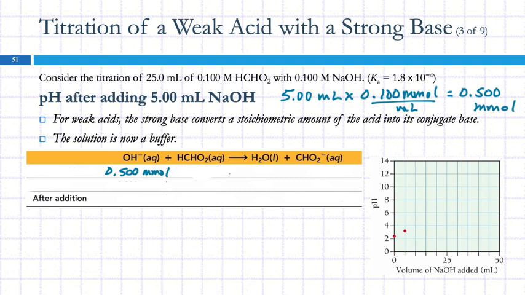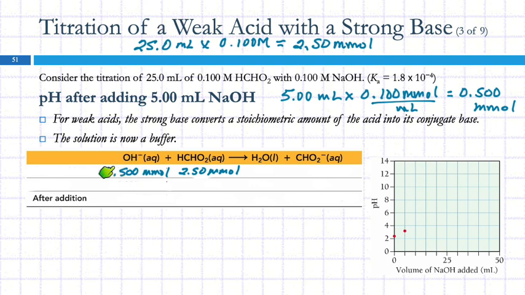And how many millimoles of the acid do we have? Well, we have a volume of 25 milliliters, and the concentration is 0.1. So we have 2.50 millimoles of acid. So we're going to look at how the hydroxide is neutralizing the acid.